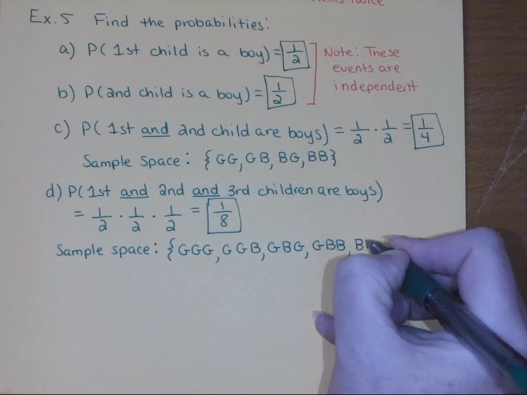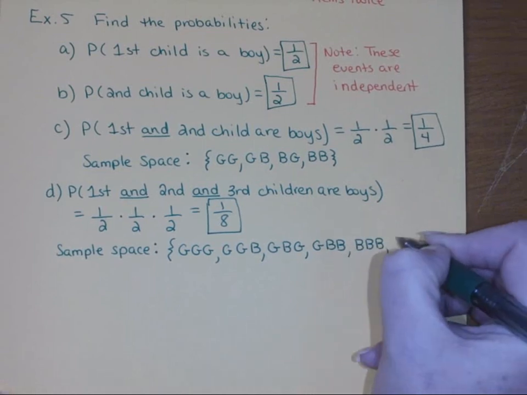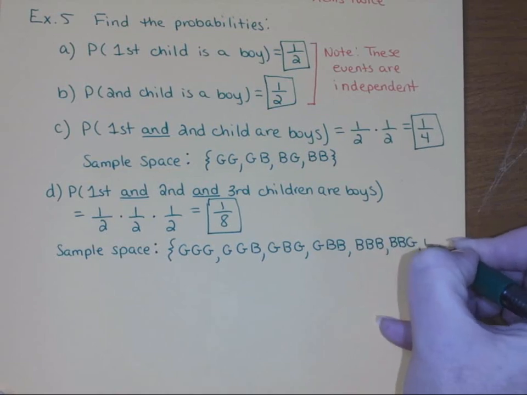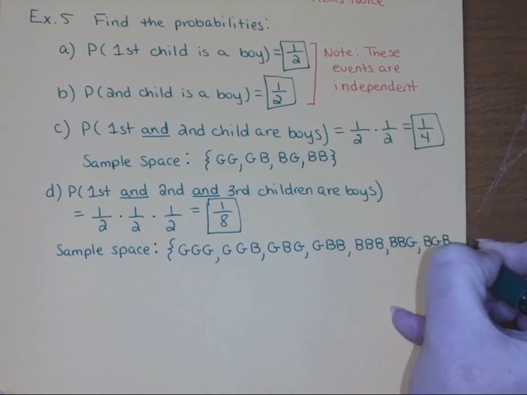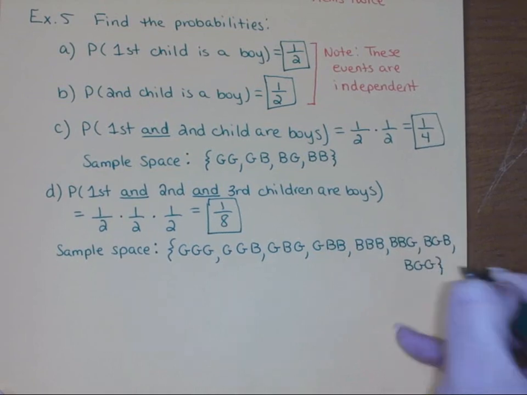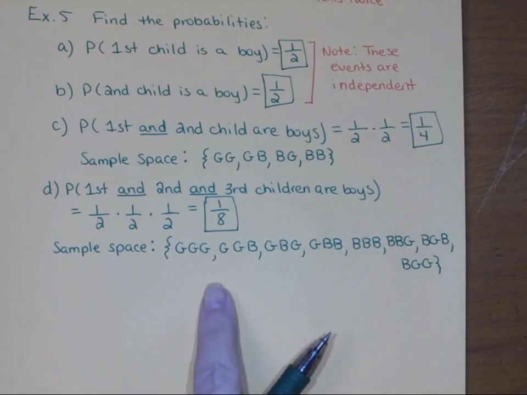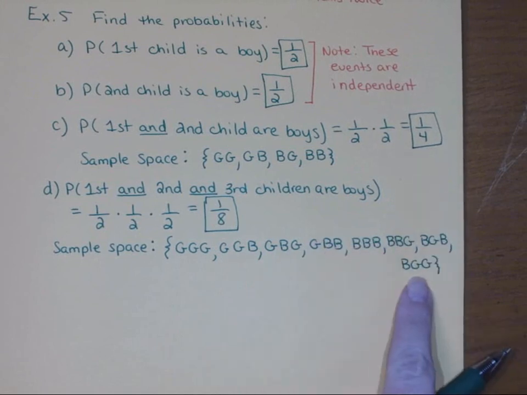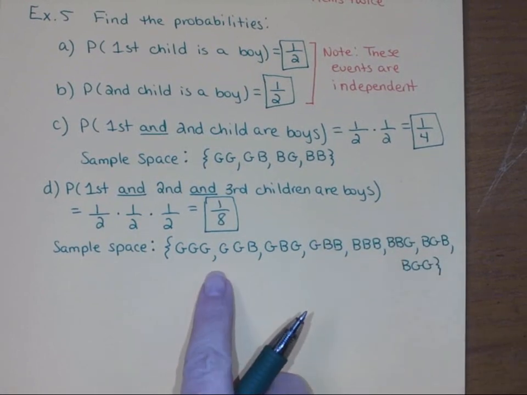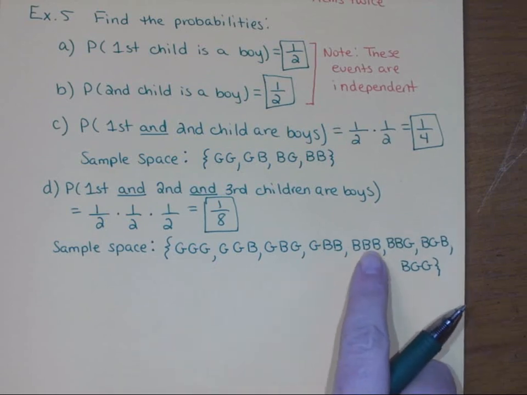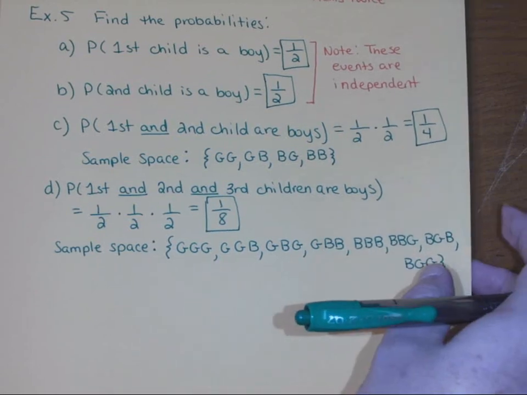Now the oldest could be a boy, or it could be boy, boy, girl. It could be boy, girl, boy. And then lastly, it could be boy, girl, girl. Notice there are no other options, and we have 1, 2, 3, 4, 5, 6, 7, 8 options. And how many of this list of 8 were all boys? Only 1. So 1 out of 8.